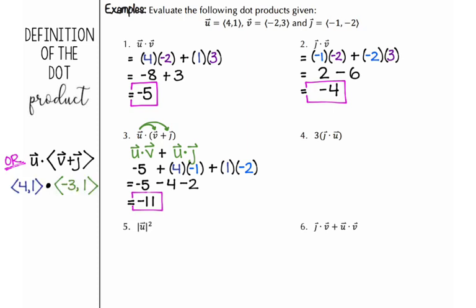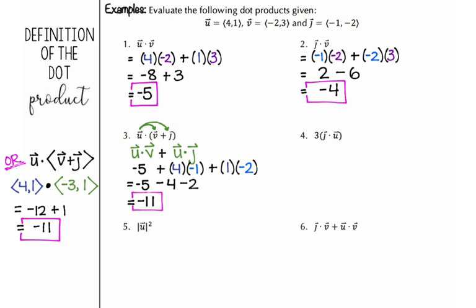So vector u is 4, 1, and this here that I wrote in green is the addition of vectors v and j. So if we went up to the top and added our a's and added our b's, we get negative 3, 1. Now I'm going to do the dot product, multiplying 4 times negative 3, and multiplying 1 times 1, adding them together, and I get negative 11. The same exact thing. Which method should be used? It doesn't make any difference. Whichever method you find easier for the particular given problem.